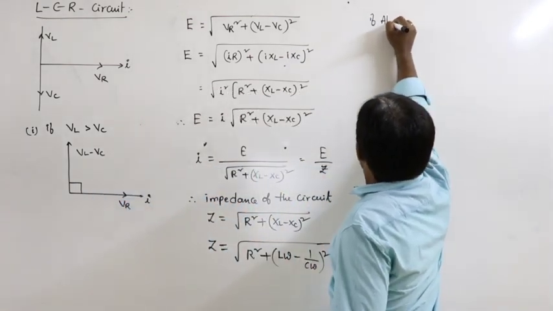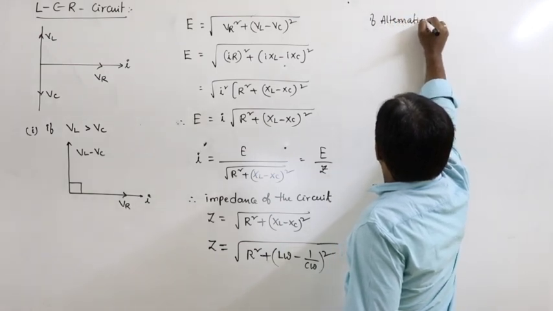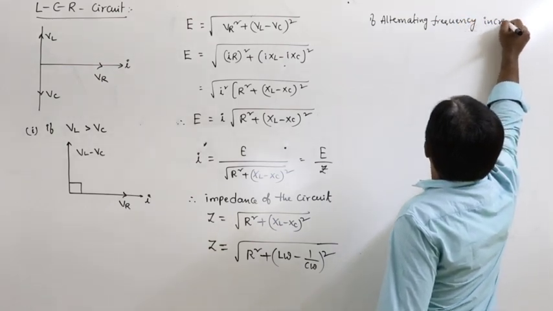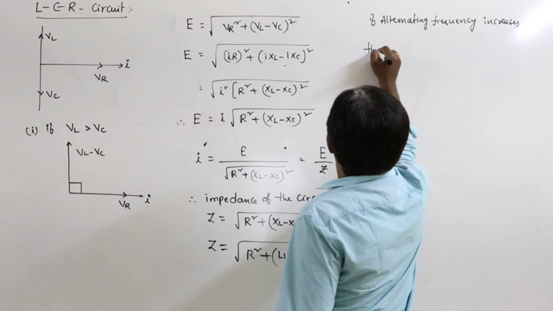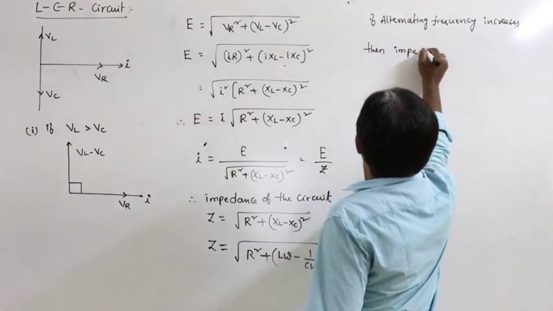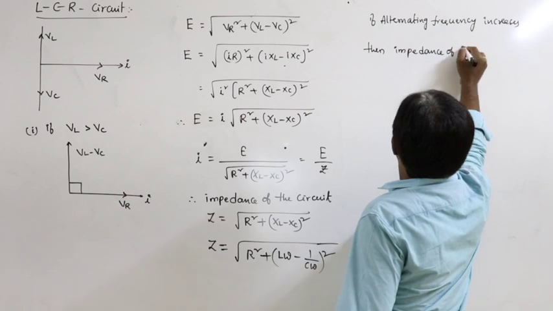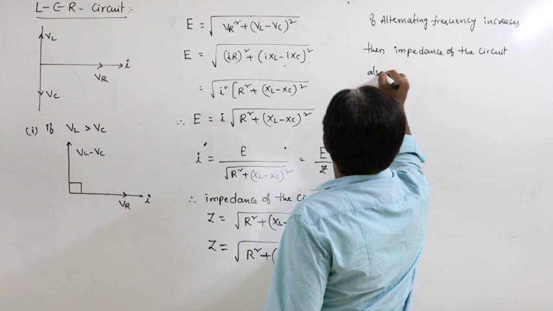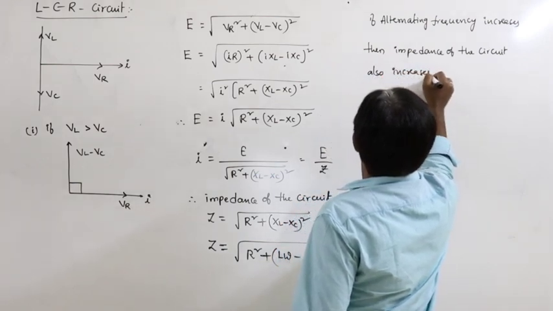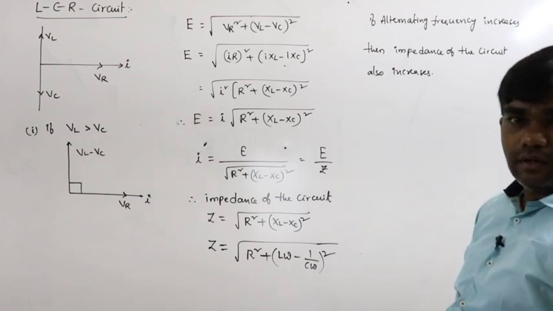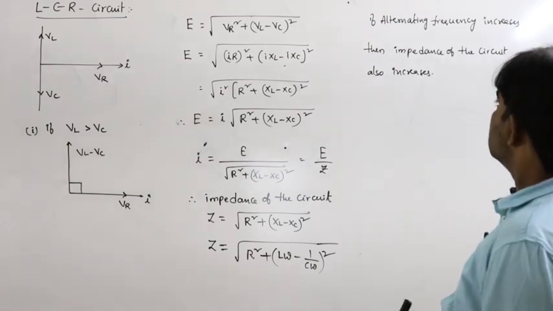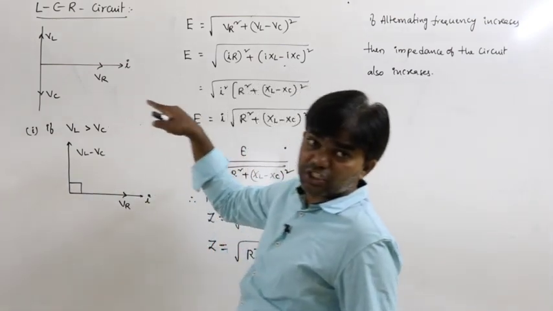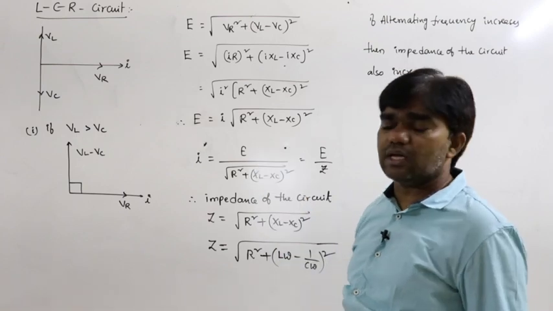So if alternating frequency increases, then impedance of the circuit also increases. So this is the situation here. That means VL minus VC, that means potential across the inductor is greater than potential across the capacitor.